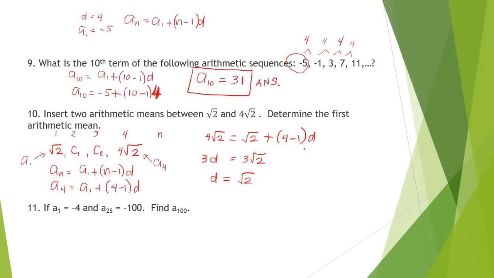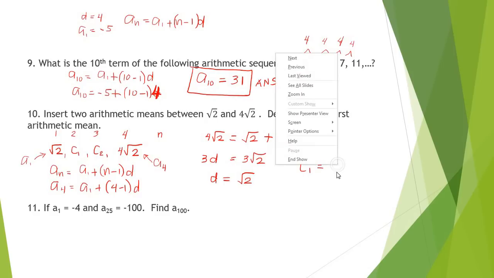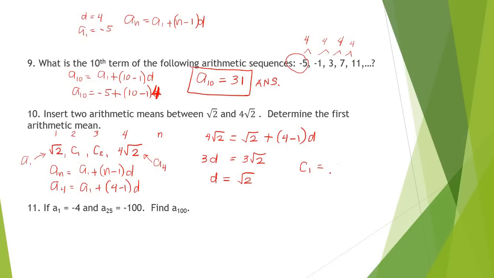Therefore, our c1 is equal to our a1 plus our common difference. Our c1 is simply equal to square root of 2 plus square root of 2.